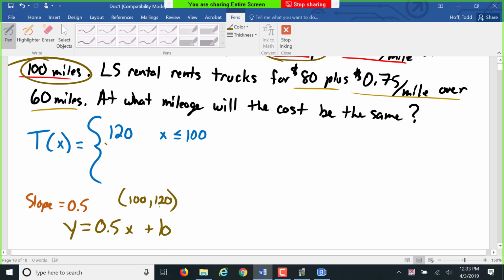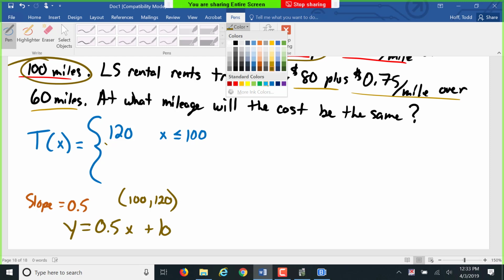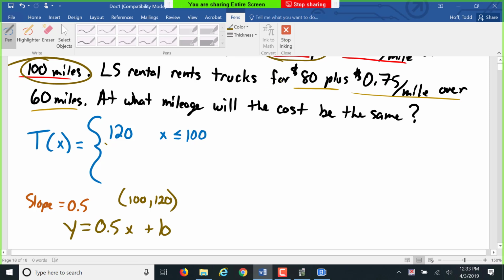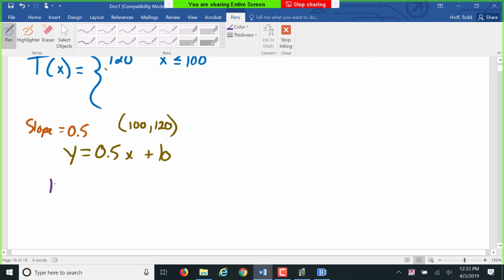It has to be that end point, the very end of this range, because that's where that line starts to slope up from. So let's put that in and see what we get for an equation. We get 120 when x is 100, plus b.